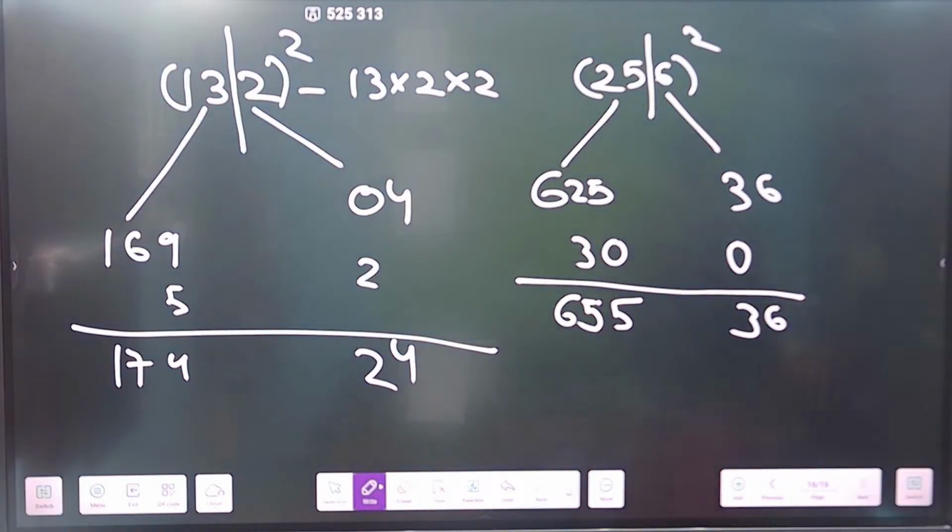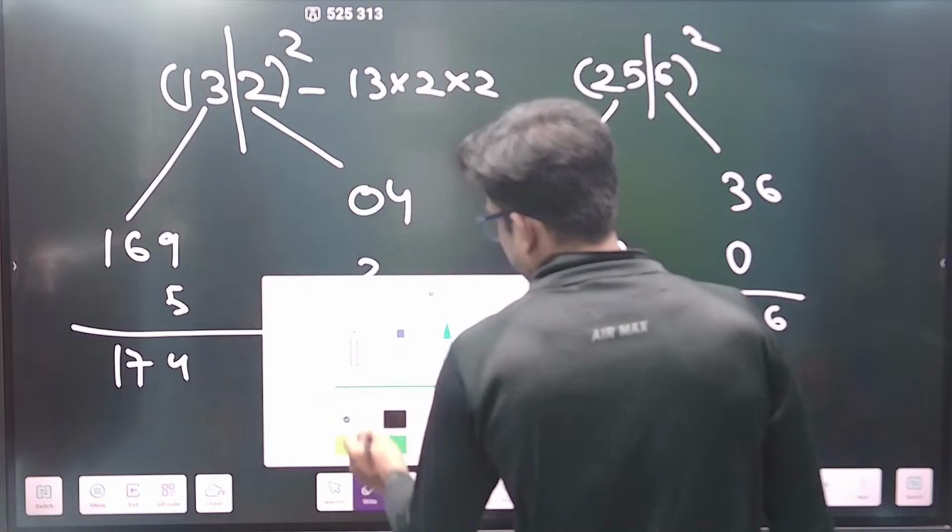I hope you understood. Everyone got this? As I said, one rule applicable for all, we are sticking to that.